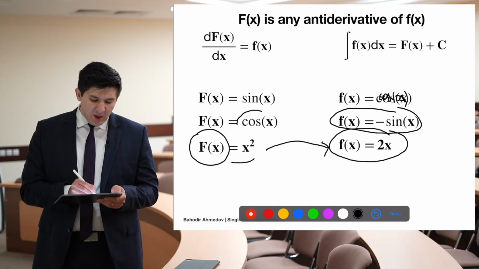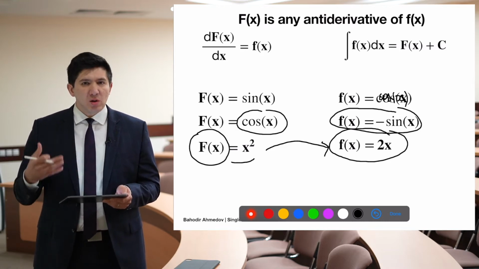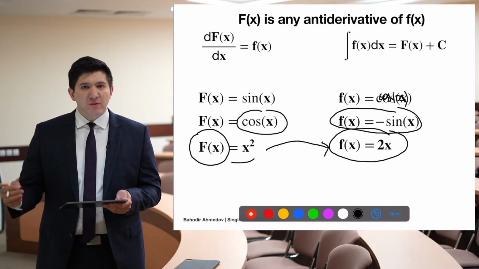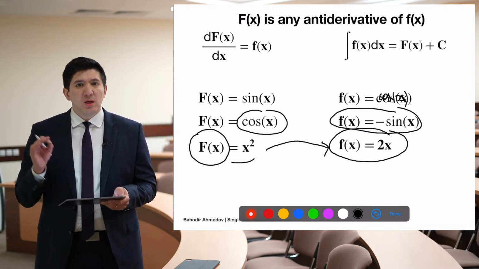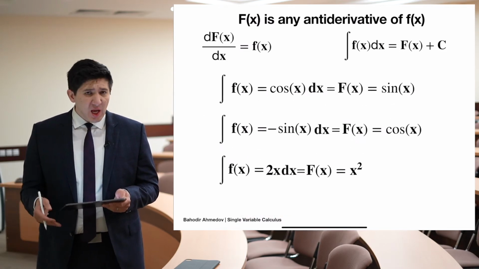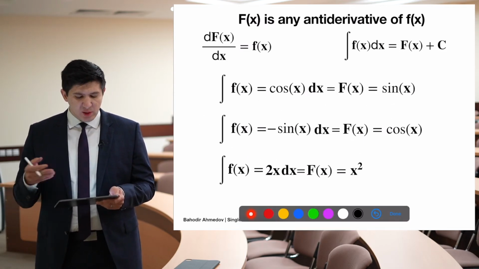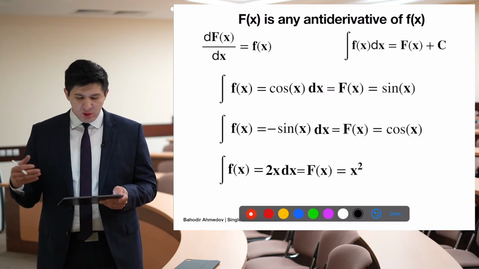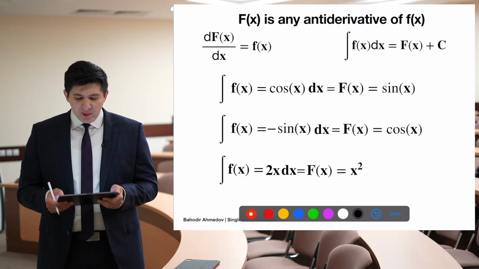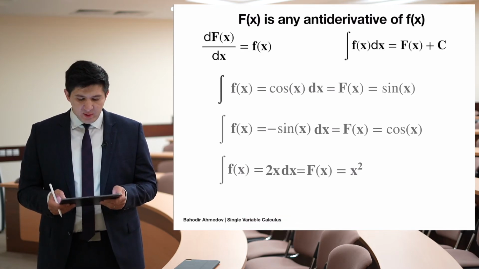It is cosine of x, because the derivative of cosine is minus sine of x. So we have to answer the inverse question. If you take the integration of all of these functions, you're going to get those antiderivatives. So we need to evaluate the antiderivatives at the borders in order to evaluate the integration.